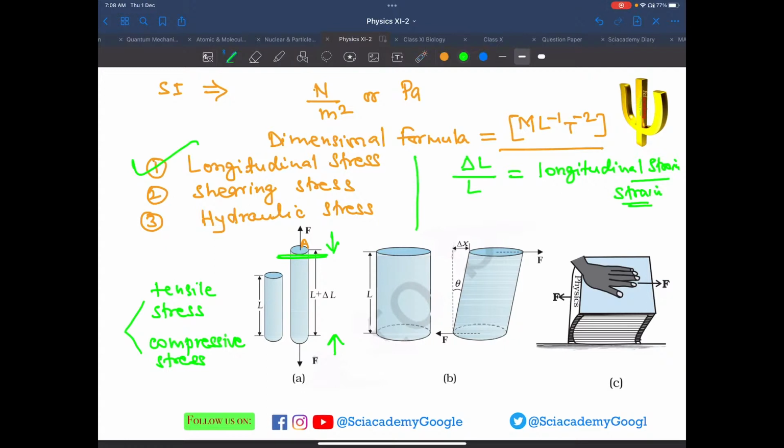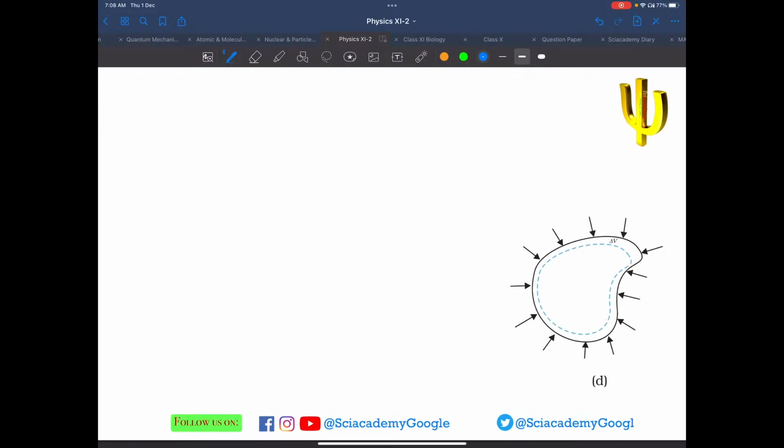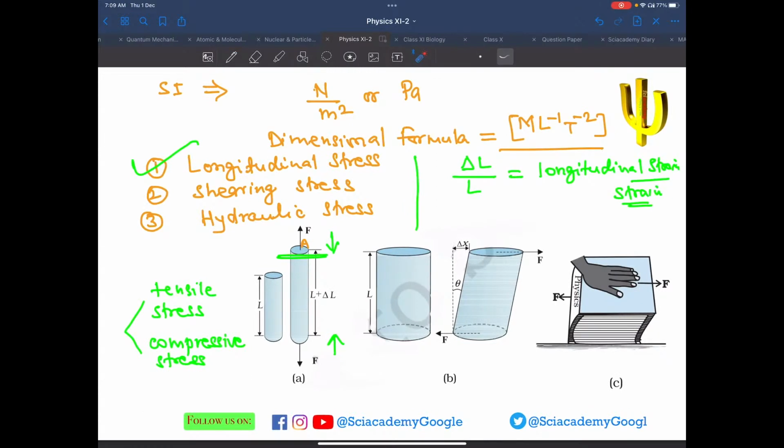So here we have tangential stress or shearing stress, and this stress is developed only when we are applying the opposite forces parallel to the area of cross section, right?